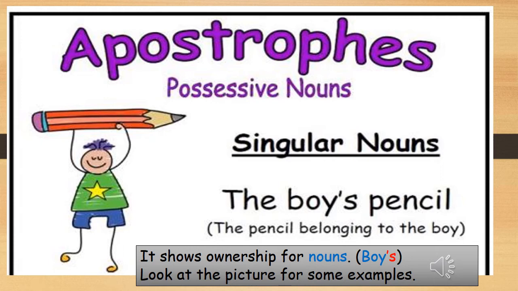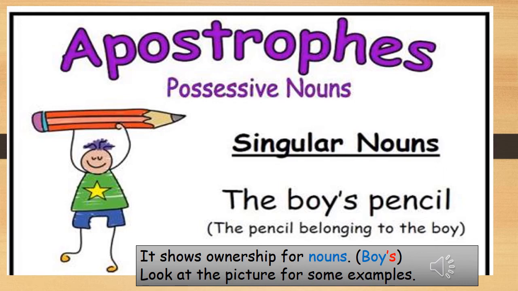The next one we look at, the boy's pencil. So the pencil belonging to the boy is the boy's pencil. So it does work for names, like before with Katie, but here it works for a normal noun like boy. Boy, we know how to spell B-O-Y. But when we want to show that something belongs to the boy, we put the apostrophe S at the end.